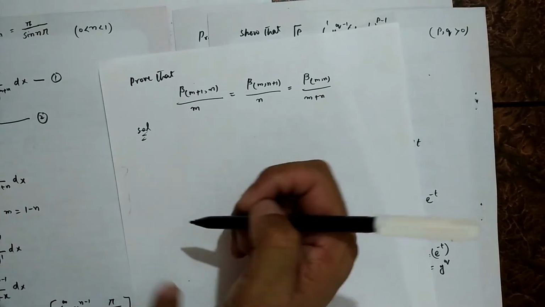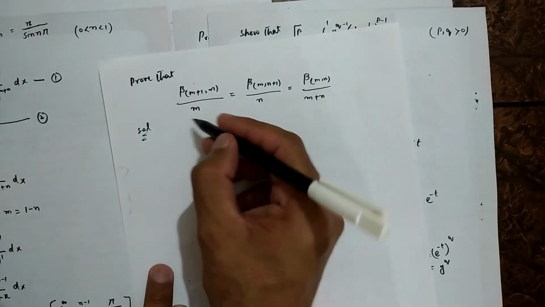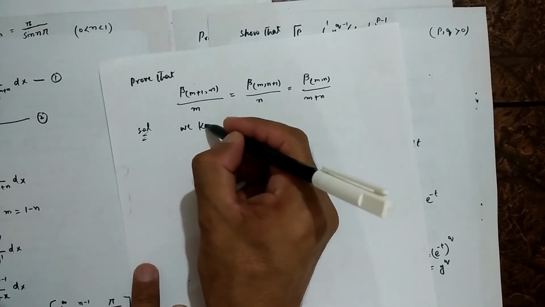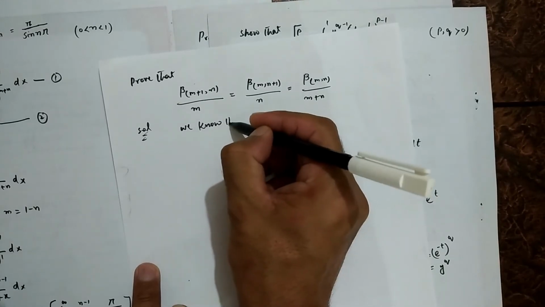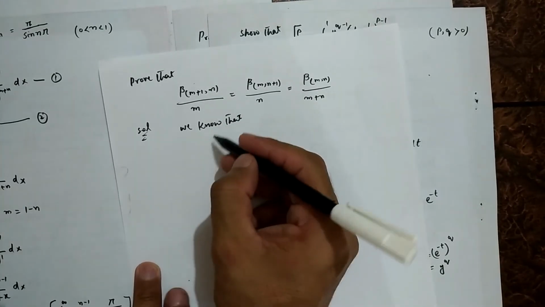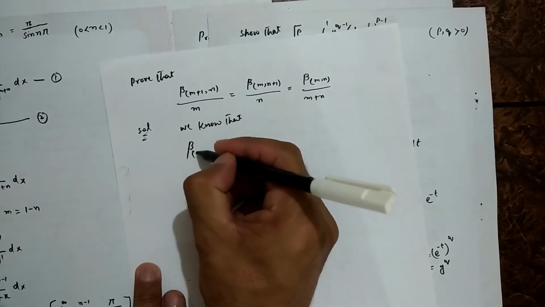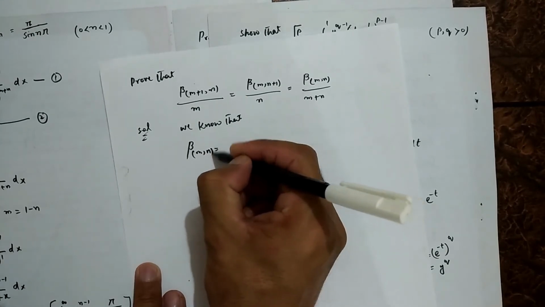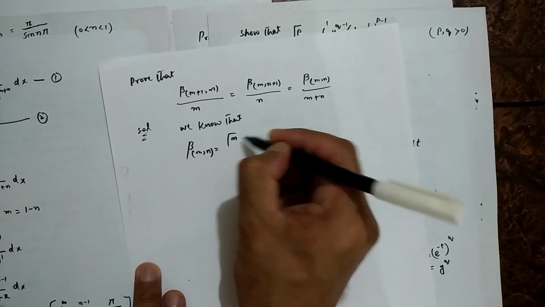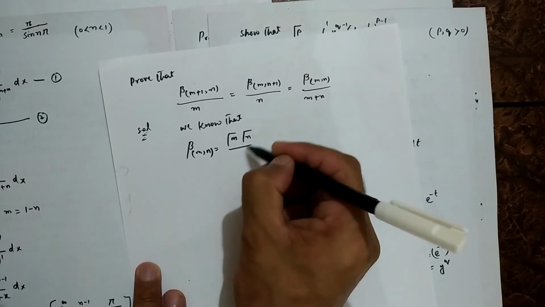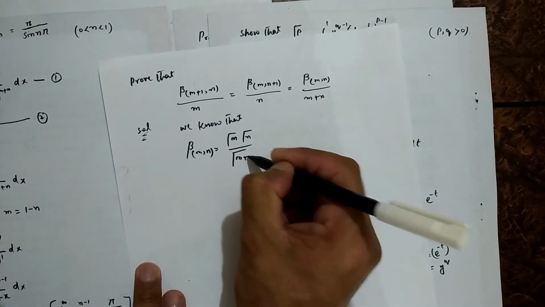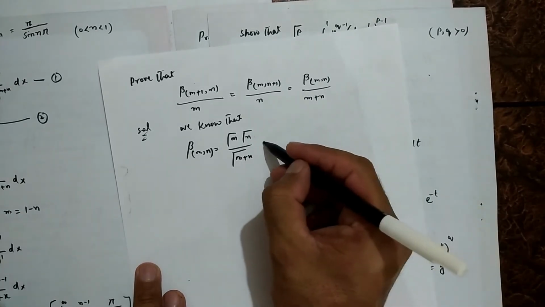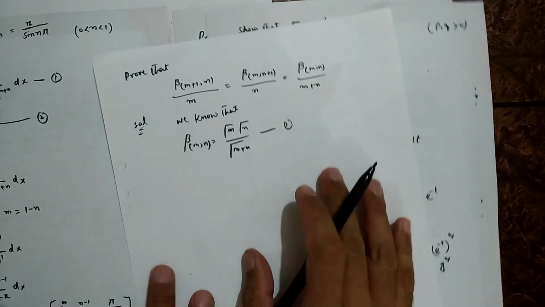So we know that by the relation of beta and gamma function, beta (m, n) is equal to gamma m into gamma n upon gamma (m+n). Let this be equation number 1.